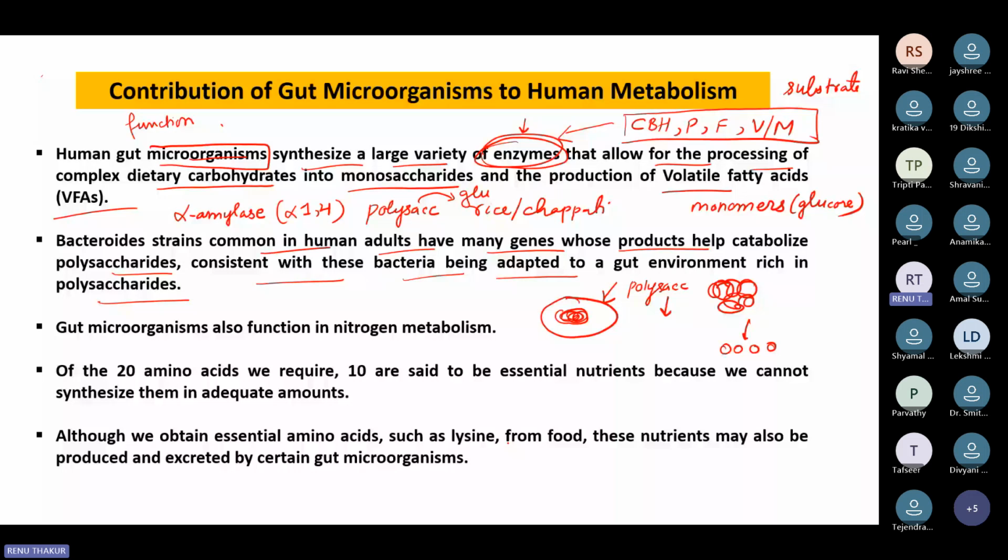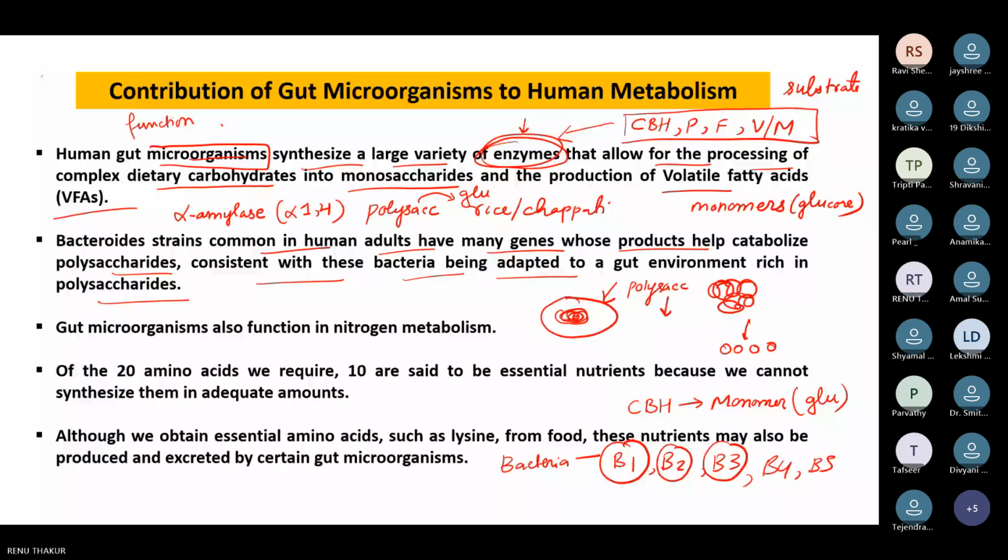Suppose there are 5 bacteria, B1, B2, B3, B4, and B5, and only 3, B1, B2, B3, have the capacity to hydrolyze carbs into monomer. When we talk about monomer, the ultimate product is glucose. Our body can only sense glucose. So now tell me, will these B1, B2, B3 be higher or lower in the gut?